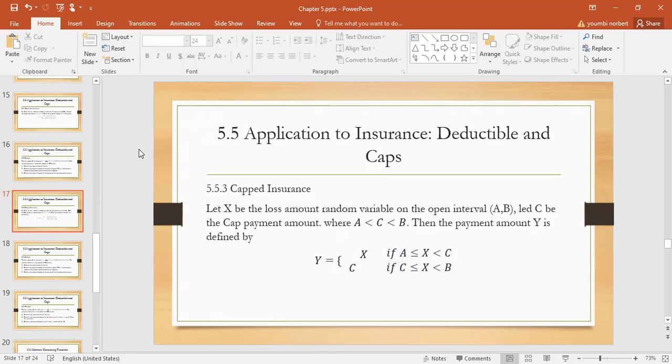It could be infinity if we assume that it can go to infinity, but we are defining our random variable on a closed or open interval AB. I did not put this one here. It's just a combination of both.